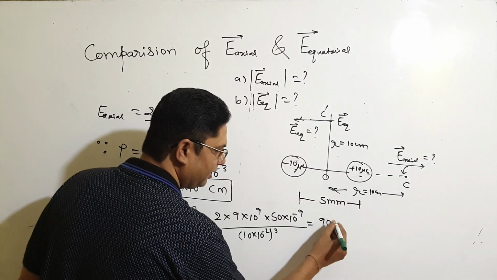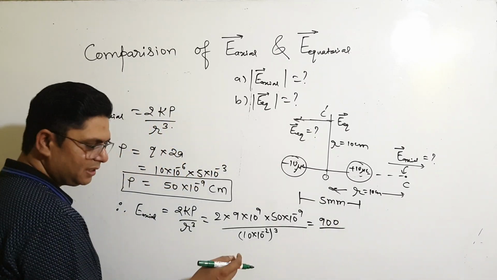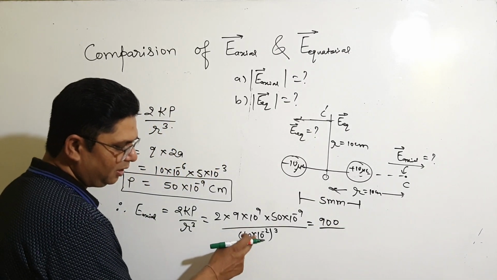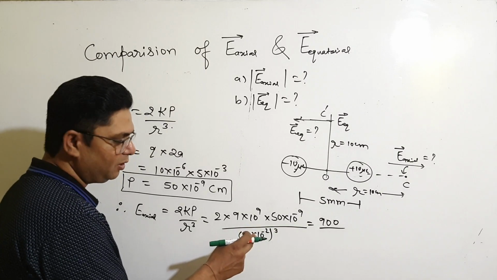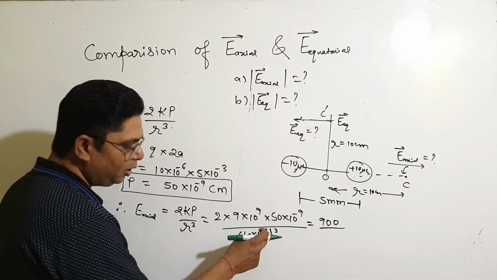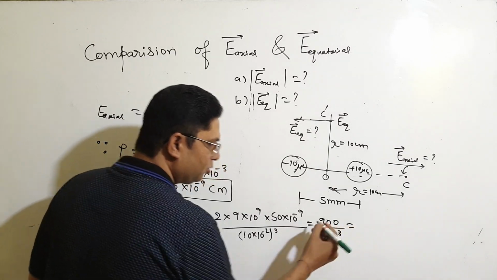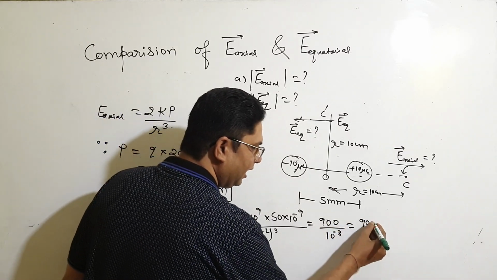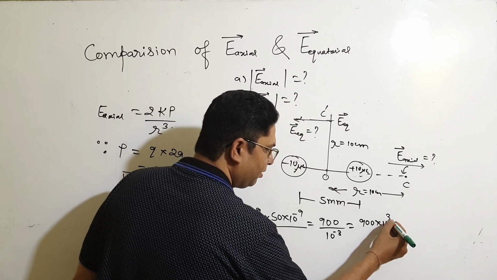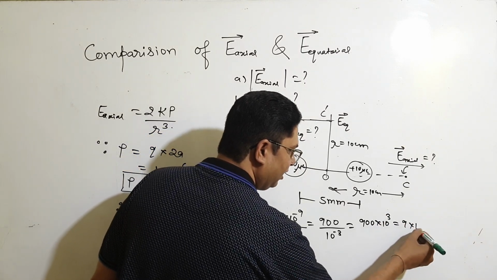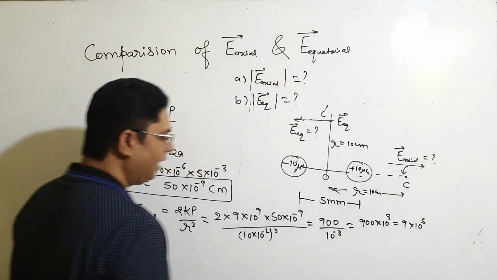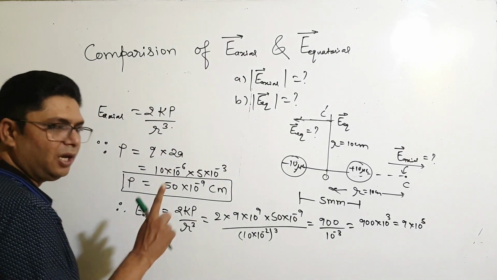In the denominator, this is 10 to the power 1, 10 to the power minus 2, so you have 10 to the power minus 1 cubed, that is 10 to the power minus 3. So you have 900 into 10 to the power 3, which you can write as 9 into 10 to the power 5. This is E axial.